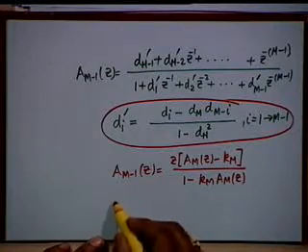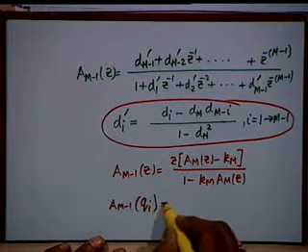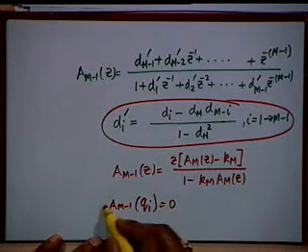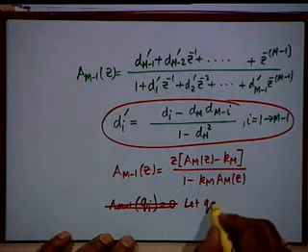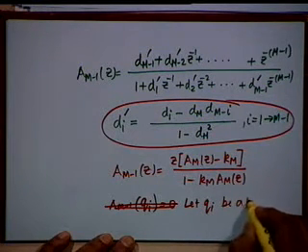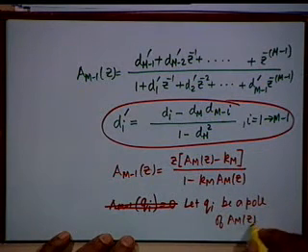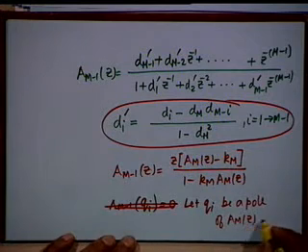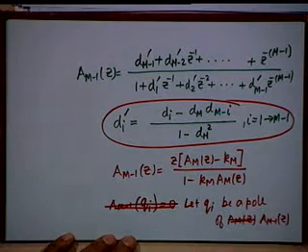Let q_i be a pole of A_{m-1}(z). We are now testing the poles of, not A_m(z), A_{m-1}(z).